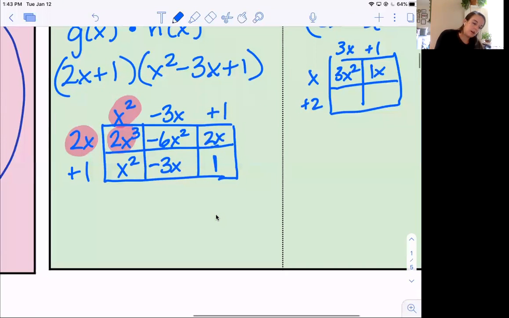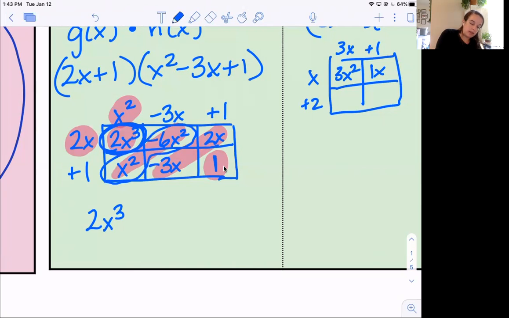Awesome. So you might notice that the like terms are in diagonals like this. So we have X squared and X squared, those are going to go together. X and X, those are going to go together. And then the number by itself is chilling. So we have 2X to the third, that's this one right here. We're going to combine 1X squared and negative 6X squared, and we get negative 5X squared. We get negative 3X and 2X, those together are going to give me negative 1X.